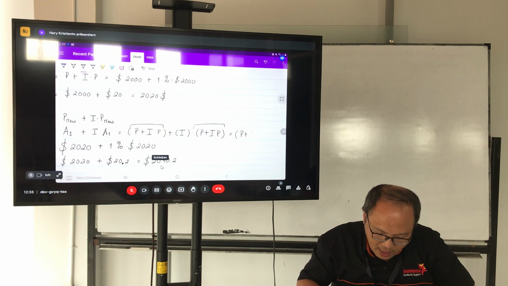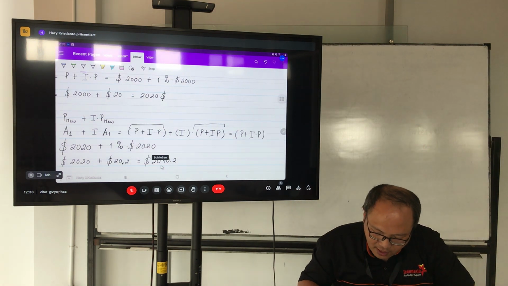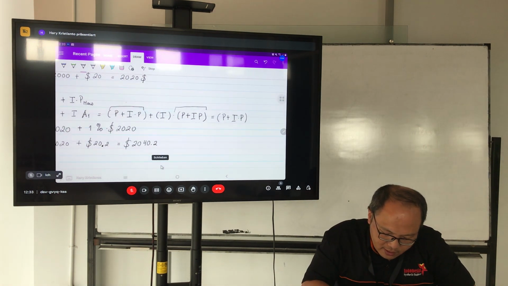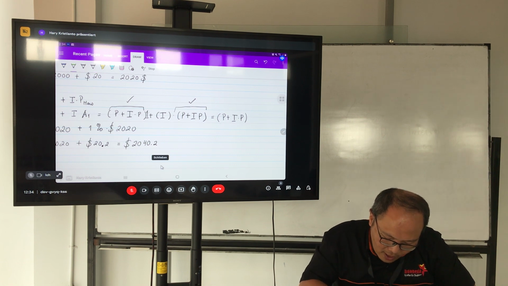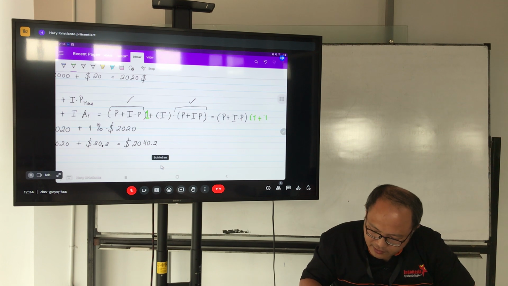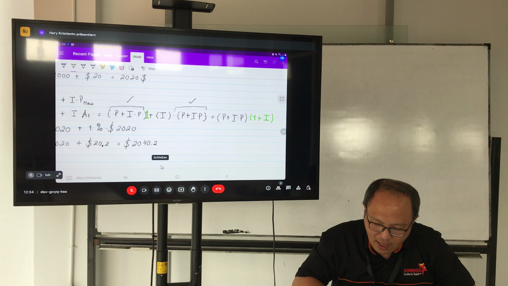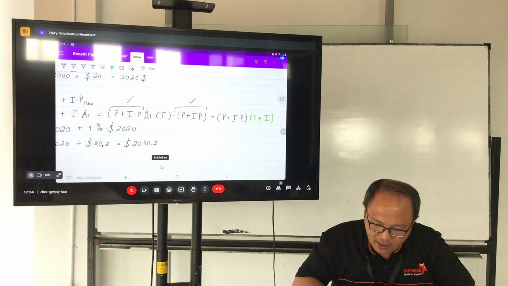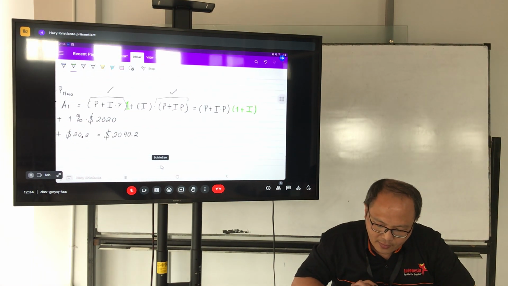P times IP, and then I take them out, and I know that there is also a 1 here. There's a 1 there, so I just put 1 plus an I. Right? 1 plus I.